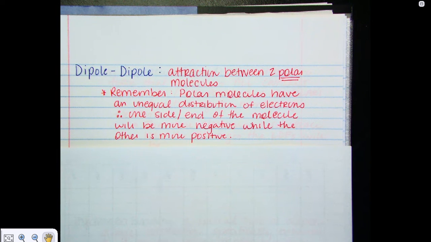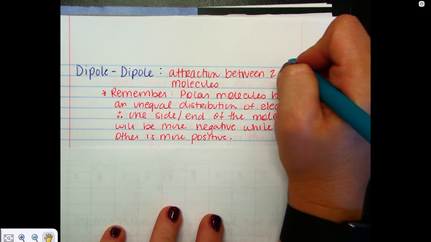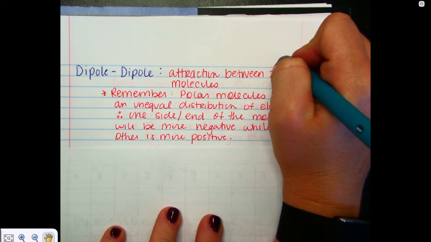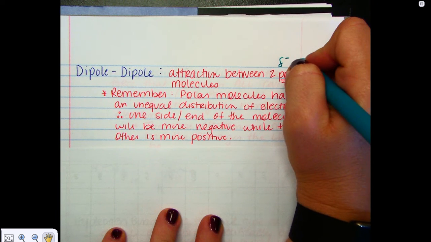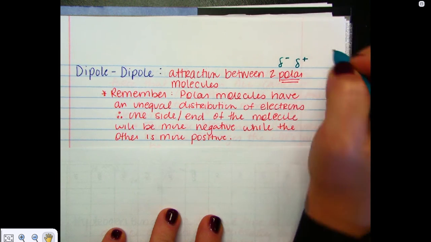If there's a metal involved, you are in the wrong neck of the woods. Those would be ionic. They do not have any intermolecular forces. So, the attraction between two polar molecules. Remember, when something is said to be polar, that means it has a partial negatively charged end and a partial positively charged end.